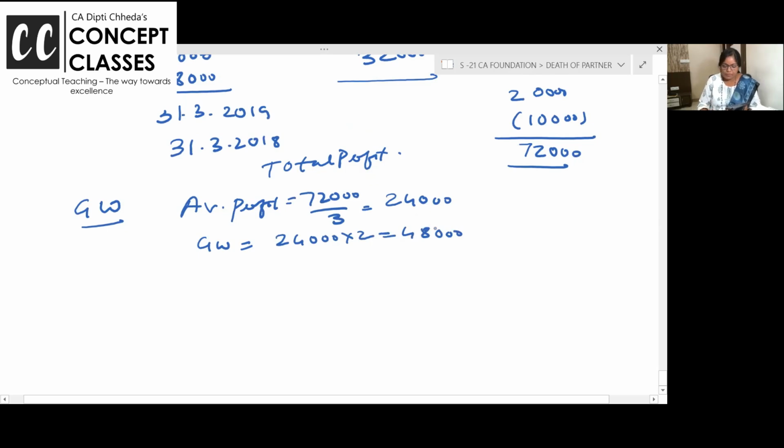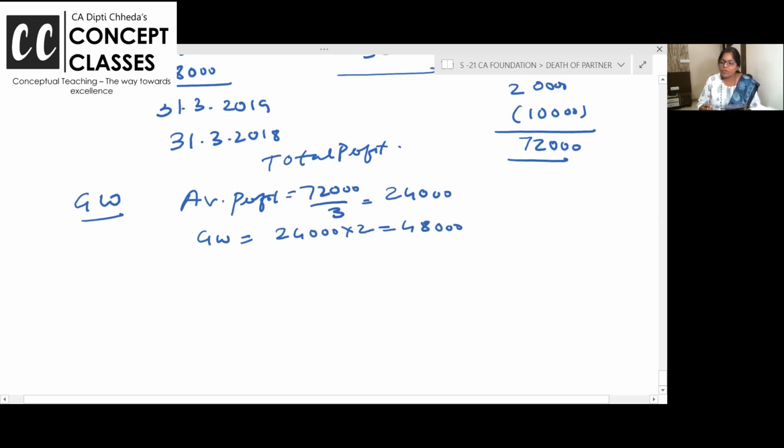Goodwill. Yes. So what is the adjustment for goodwill? You can give it to the retiring partner and other two will share it in the sacrificing ratio. You can give the goodwill. Or you can raise and write off as you wish.